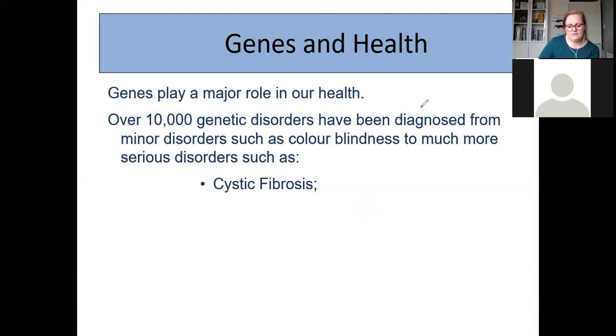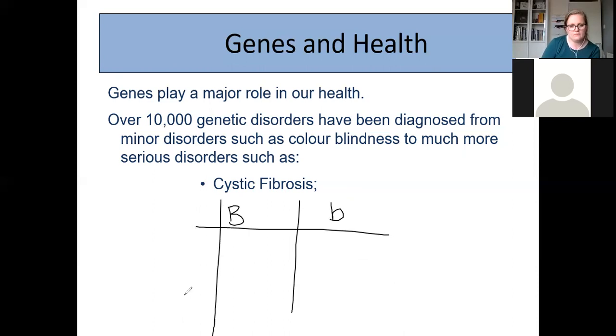But if we clear that up, let's have a look at if the parents had this. I'll do it as a Punnett square. Okay, if you ended up with this, your phenotype would be brown eyes, and you're carrying both alleles for brown eyes, dominant.